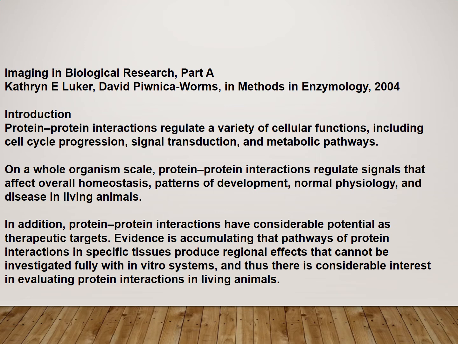Here's a paper, Imaging in Biological Research, and the interactions that we will be trying to find, the subtext that they're in is cellular function. Okay. Important cell functions are how cells cycle, divide, go through G1, S, G2, mitosis.